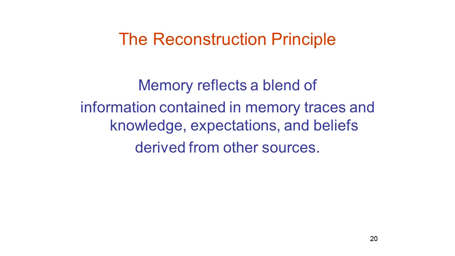This is because memories are not actually reproductions of the past. They're really beliefs about the past. Beliefs that, like any other belief, are consistent with what we know and believe about ourselves and the world, but they may not be entirely accurate. For the most part, then, we recreate events and experiences in our minds each time we remember them.